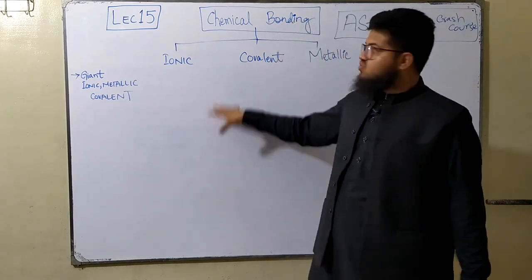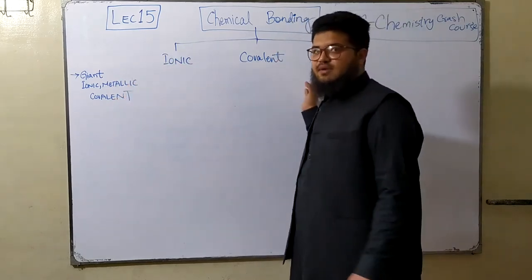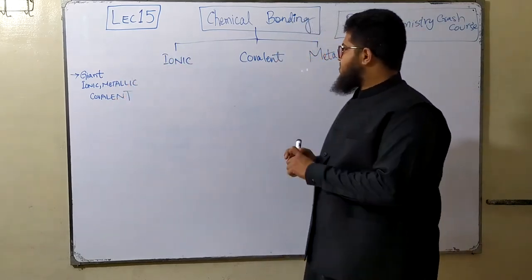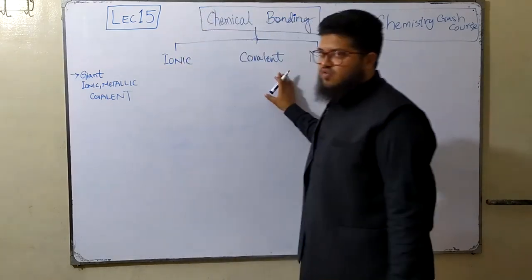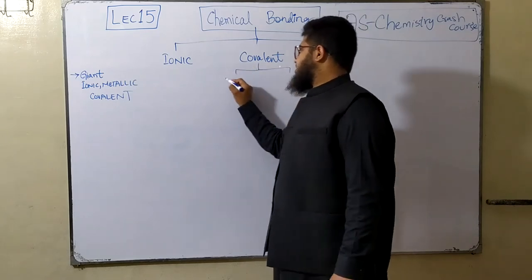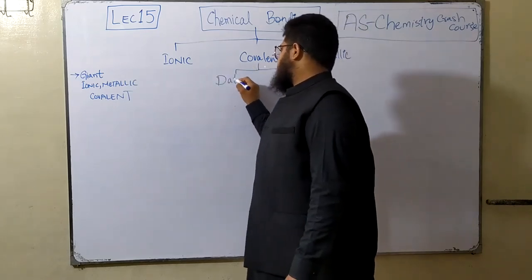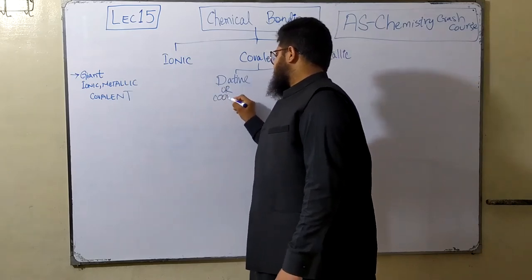Okay, from your O levels you know that chemical bonding is of three major types: ionic, covalent and metallic. Covalent bonding also has a special category called dative bonding or coordinate covalent bonding.